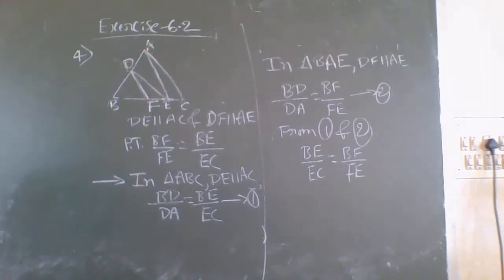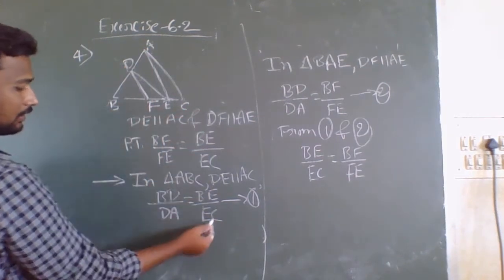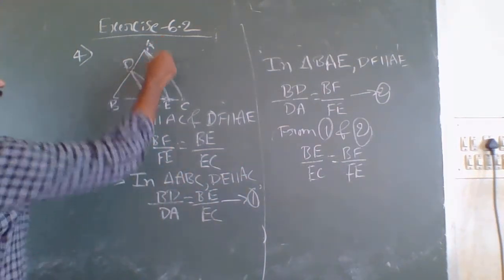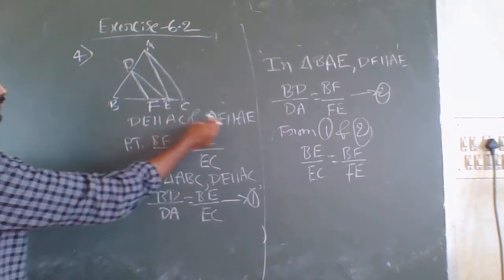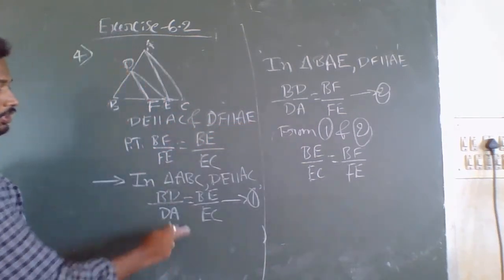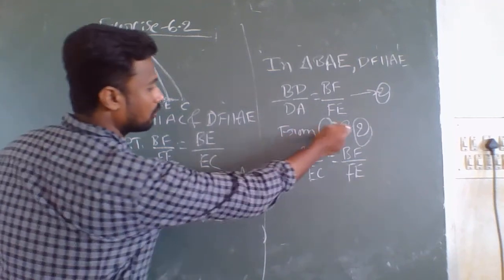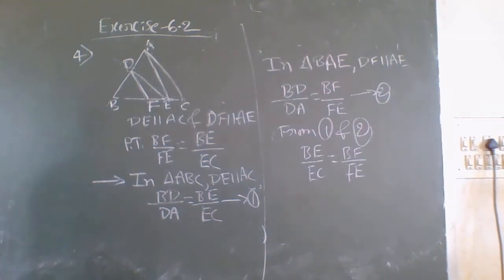By using the first theorem, we can write BD by DA is equal to BE by EC. This is first. Like this only, DF is parallel to AE, so BD by DA is equal to BF by FE. This is second. In both cases, these two are equal to BD by DA only. From 1 and 2 you can write what is given. So this is the fourth problem. Now I will solve the fifth one.